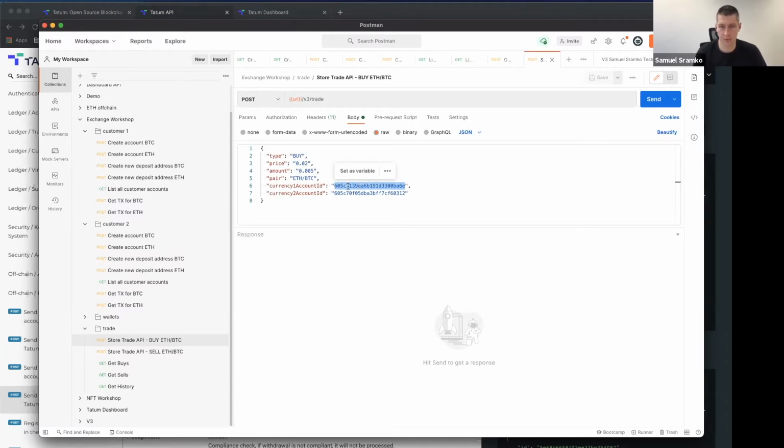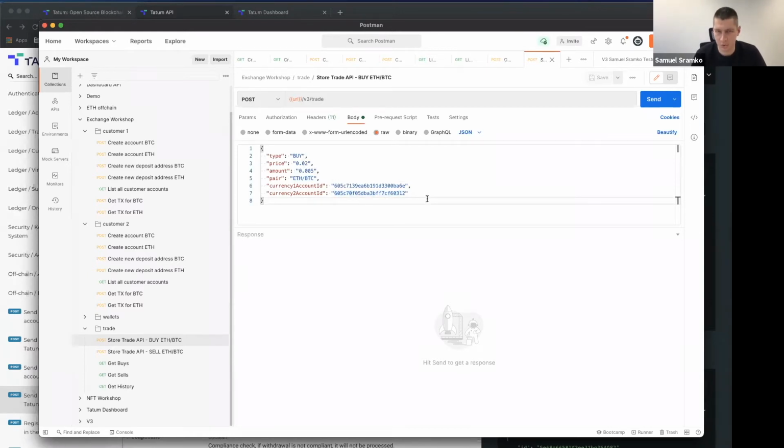And to this account, my newly bought Ethereum will be transferred. And the currency two account ID, this third one, the 312 at the end, is the account of Bitcoin currency. This is the account from which I'm going to pay for my newly bought Ethereum. So the connection is really simple. First currency is here, second currency is here.